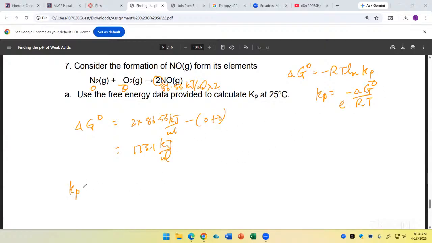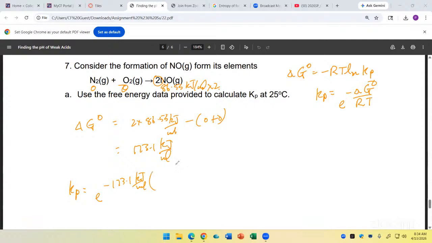Then we plug that into this equation. So Kp would be equal to e to the minus 173.1 kilojoules per mole divided by 8.31. Oh, by the way, let me do the conversion again. Let me convert kilojoules to joules.